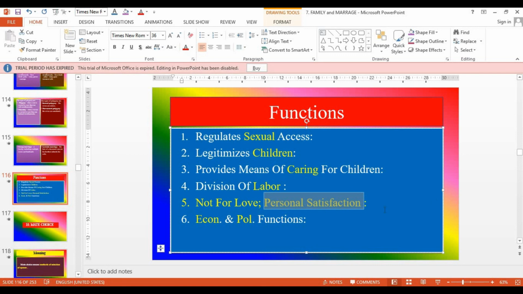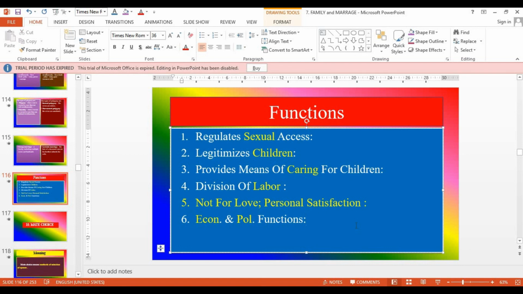Sixth one, economic and political functions. After the marriage, they have separate economic activities, build new families, have different jobs, then actively participate in government, choosing representatives, MPs and MLAs, forming government and participating in governing the society.